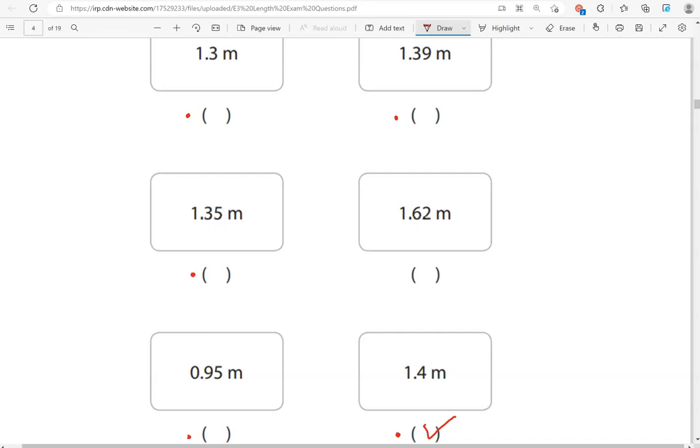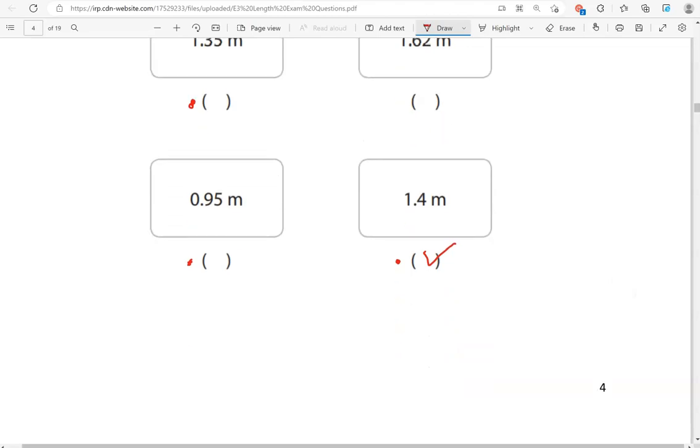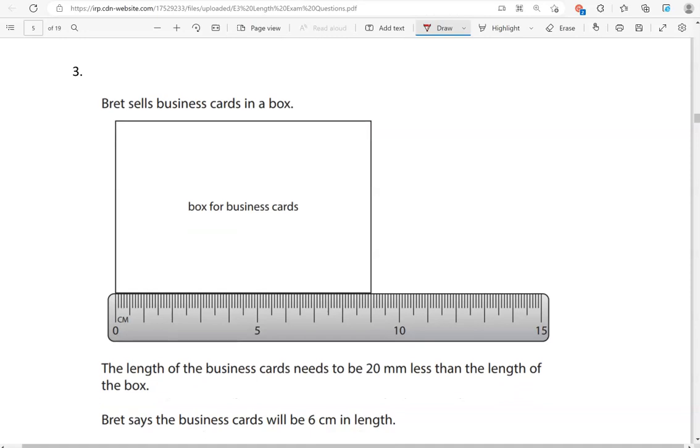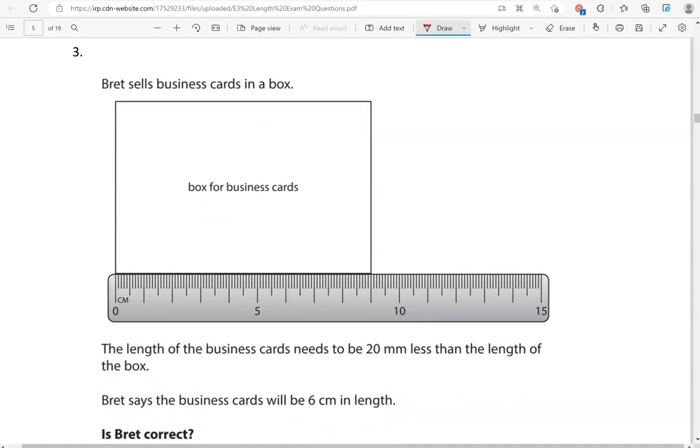The rest of them are under that. This one will be 1 meter and 30 centimeters. This is 1 meter and 39 centimeters. This is 1 meter and 35 centimeters. And this is just 95 centimeters. That's why 1.4 is the highest. So that means the tallest that can fit.